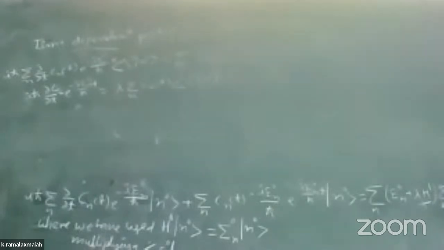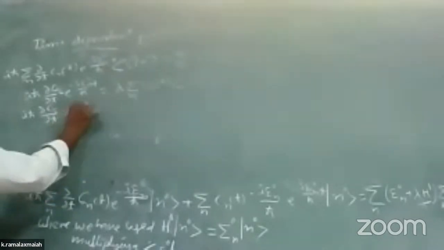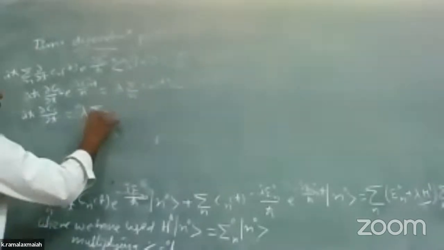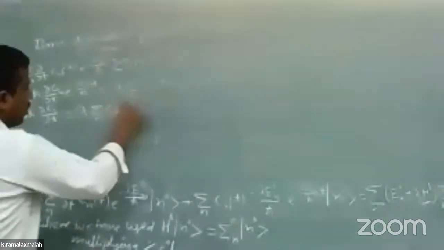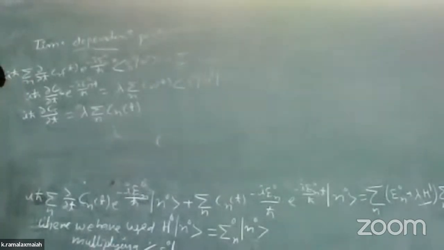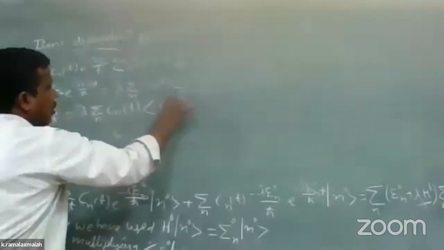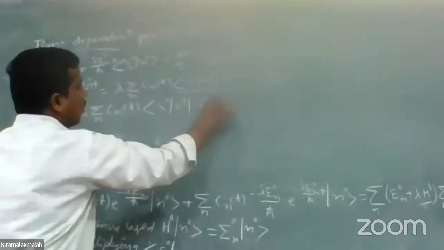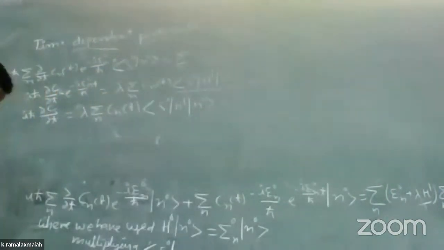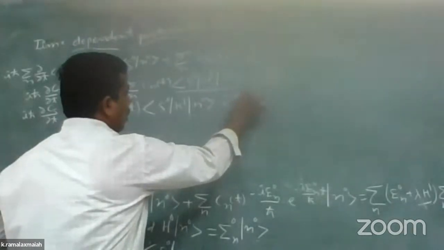So i h cut dou Cs by dou t is equal to lambda summation n Cn of t, bra psi s naught H dash ket psi n naught, times e power of minus i omega s n t.